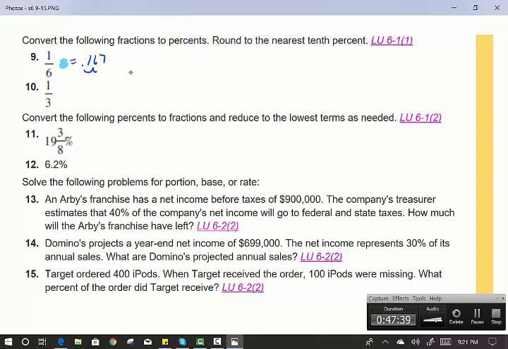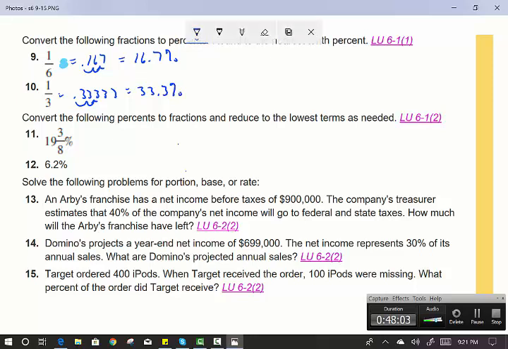Move the decimal point 2 places to the right to go from decimal to percent, which is equal to 16.7%. Okay, 1 divided by 3 is 0.33333. It's going to keep on going. Move the decimal point 2 places to the right, which is equal to 33.3%. The reason it's only 0.3 is because we're rounding to the nearest 10th of a percent as illustrated right there in the question.